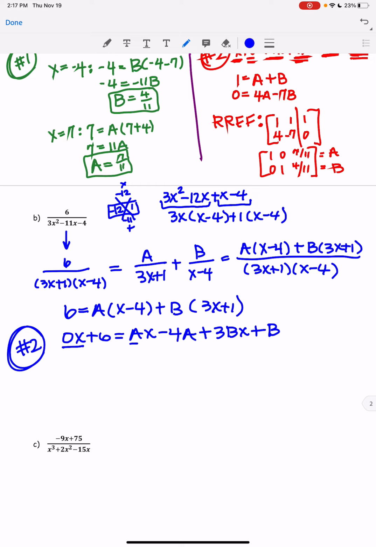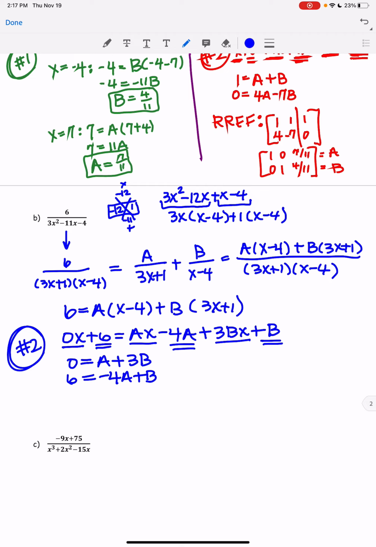Anything that has an x is going with us. So this becomes 0 equals a plus 3b. And then anything that does not have an x goes in the next one. So 6 equals negative 4a plus b.